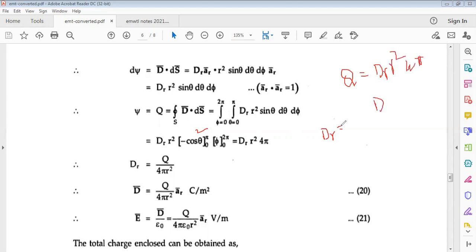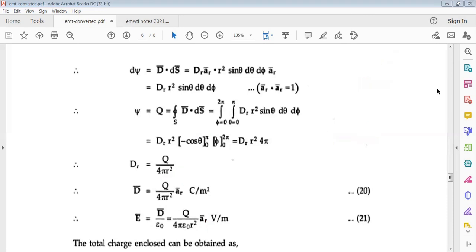Now, what is the Dr component here? It is Q by 4 pi r squared into r bar, and the relation between electric field intensity and electric flux density is D bar equals epsilon E bar, so E is Q by 4 pi epsilon naught r squared into r bar. These two formulas are for the electric field and electric flux of a point charge.